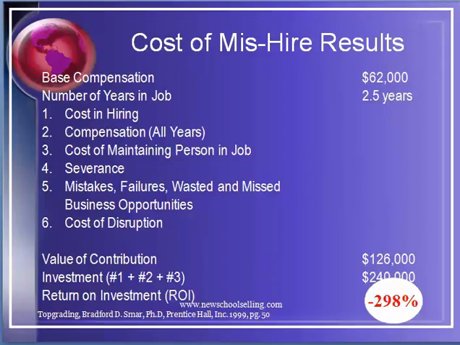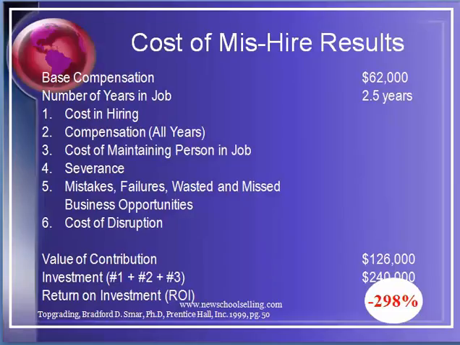And then the last one is the cost of disruption. A disruptive, dysfunctional salesperson creates chaos wherever they go, creates morale problems, is somebody who's habitually late, who's got attitude problems, and so forth. There's a cost involved in that. It's just not a direct cost.